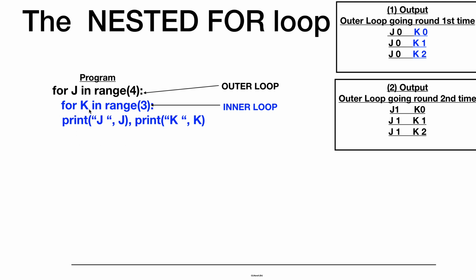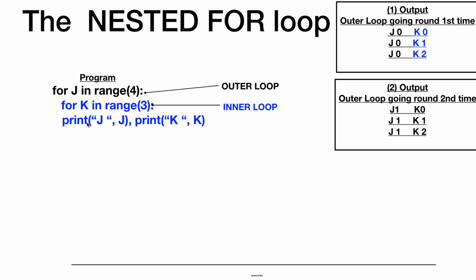So you get for k in range 3. The first value of k is 0. So if you print j, print k, you get j, 1, because the new value of j is 1, k, and the value of k is 0. Then you go around this loop again, and the next value of k is 1.